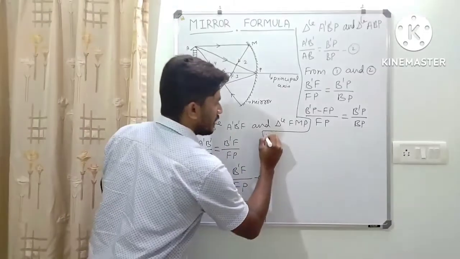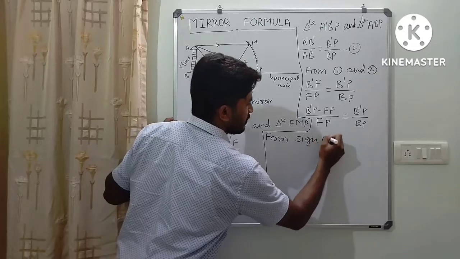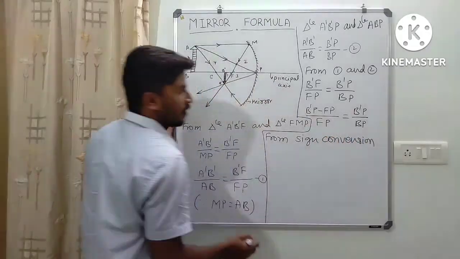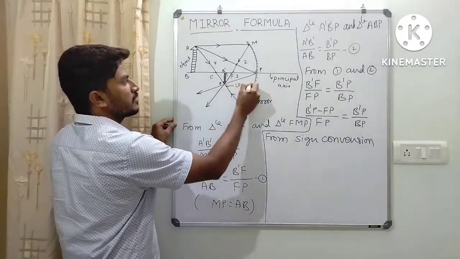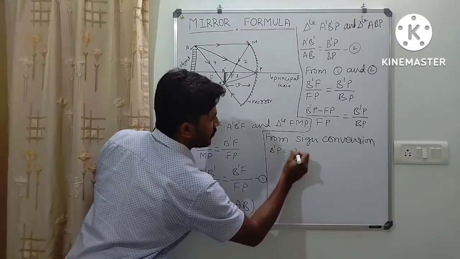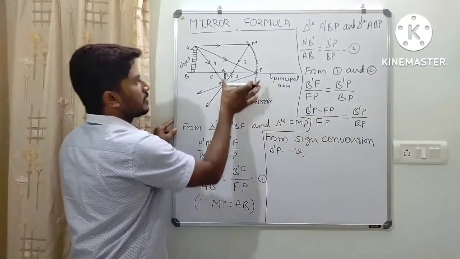Now from the same convention, what is B dash P? It is nothing but the image distance. Right here B dash P is equal to minus V. What is FP?